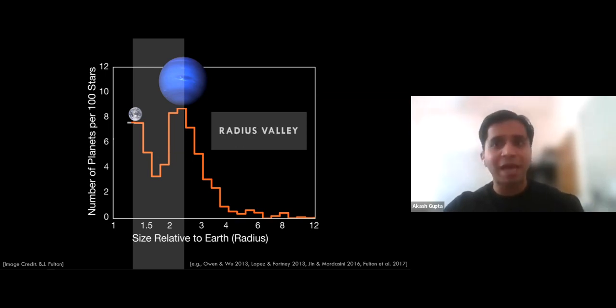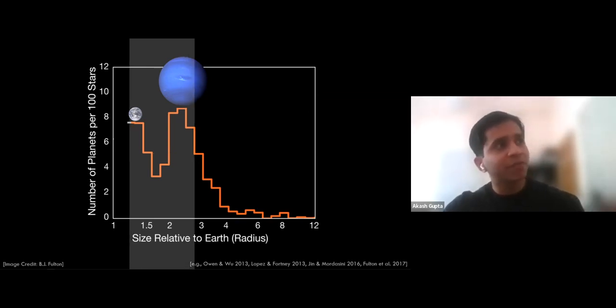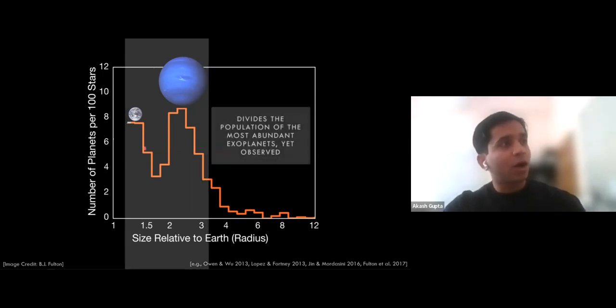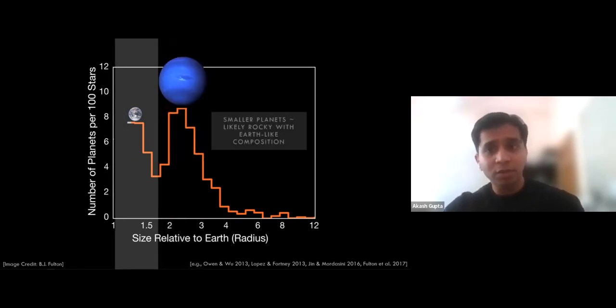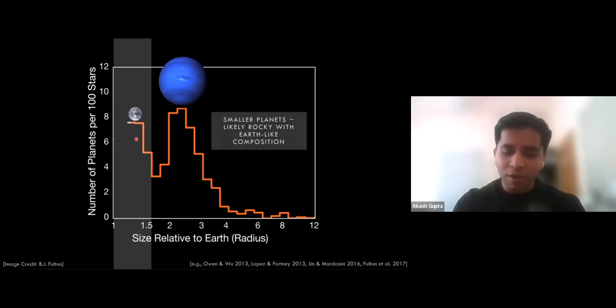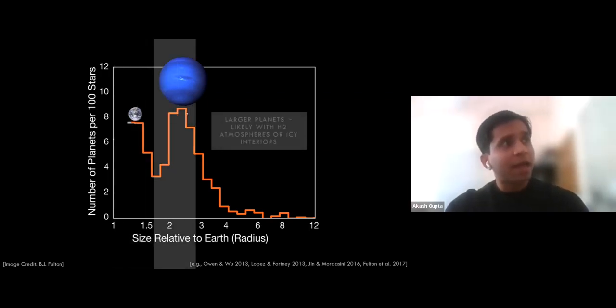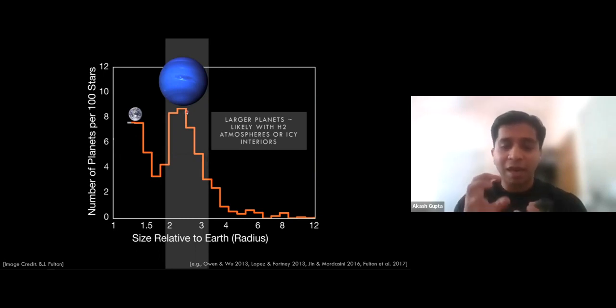This has come to be known as the Radius Valley, and it basically divides the population of the most abundant planets that we know today into small super Earths, which are likely rocky with Earth-like bulk densities, and sub-Neptunes, planets which are larger, puffy, with low densities, and likely have hydrogen atmospheres and icy interiors.